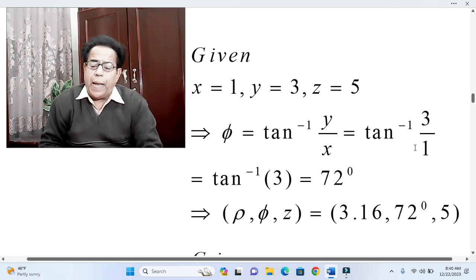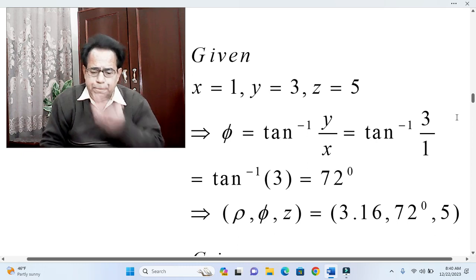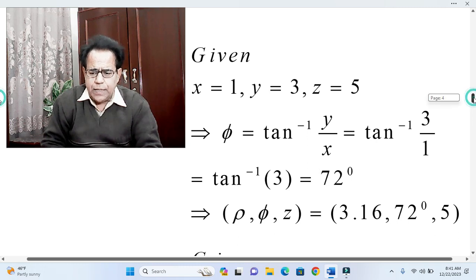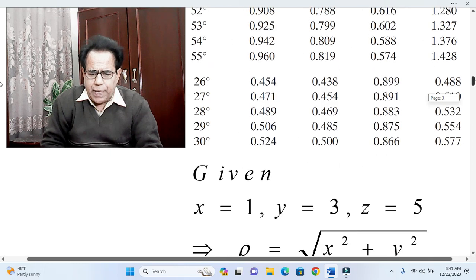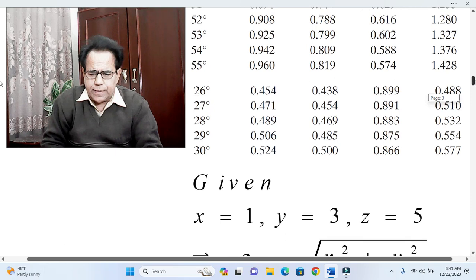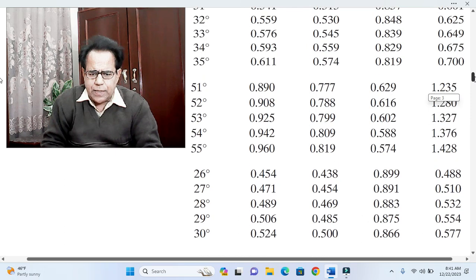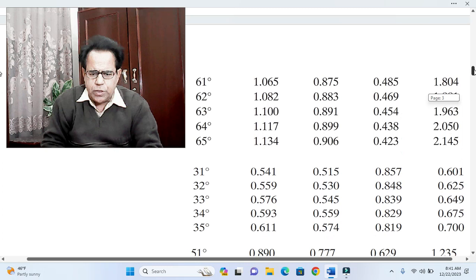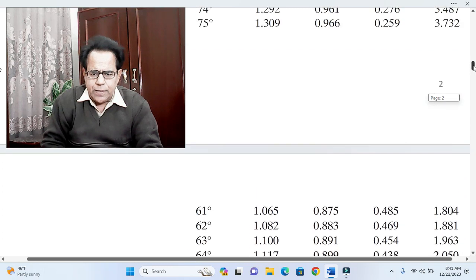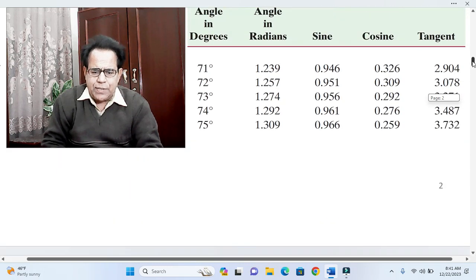We go back for a while and see from where we have taken this 72 degree. Yes, in the table, this is 70, this is 71, and this is 72.